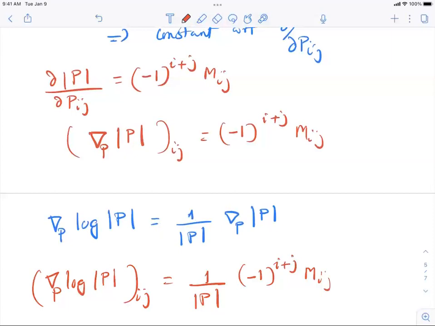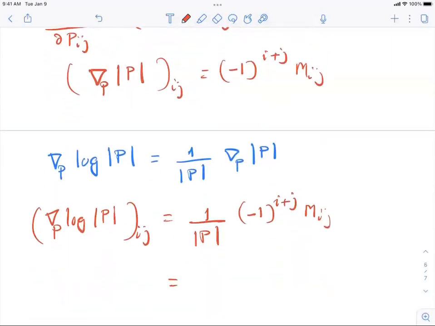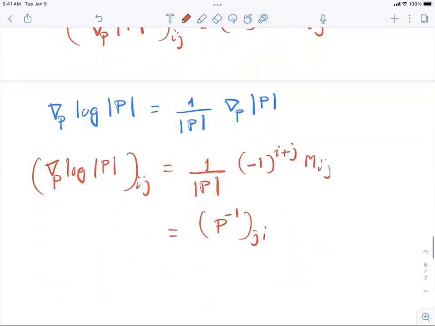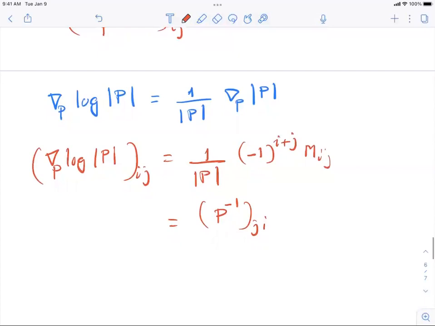So what this is actually, is the jith term of P inverse. You can go back and look at your basic linear algebra texts, and you'll see how inverses are computed. There are many ways of doing it, of course, but this is one of the ways that is very commonly taught up front.